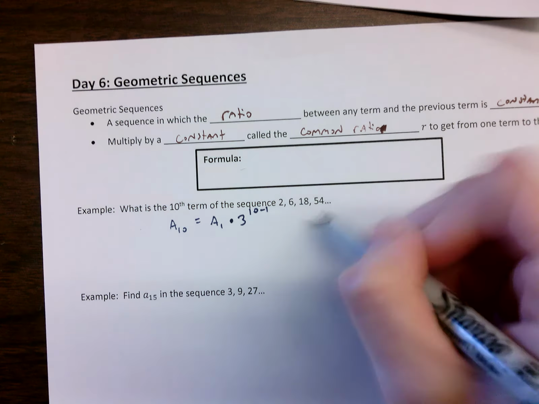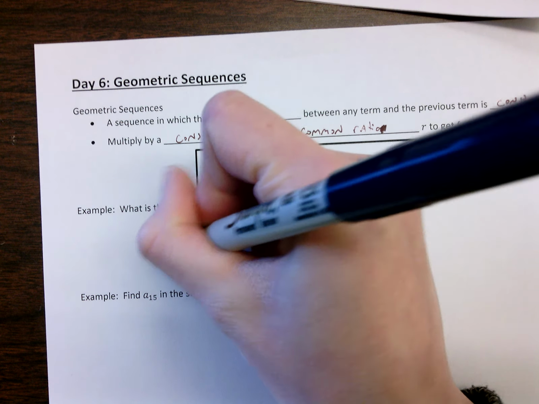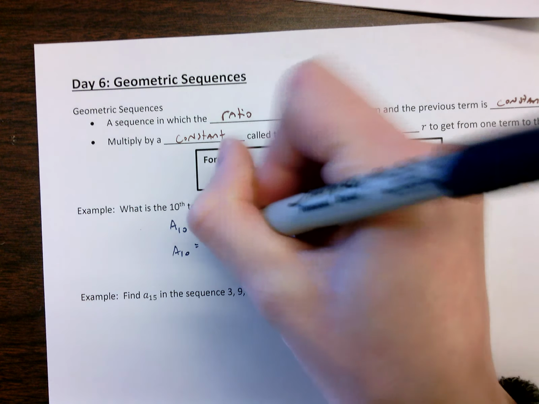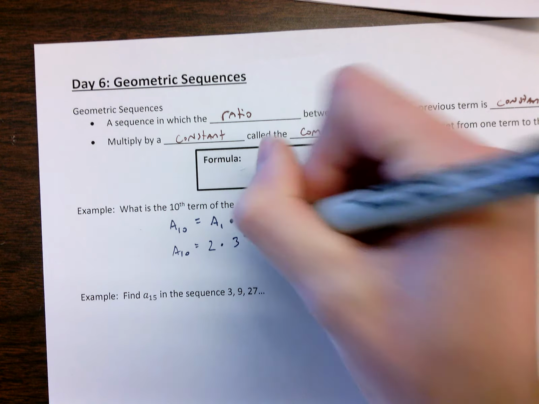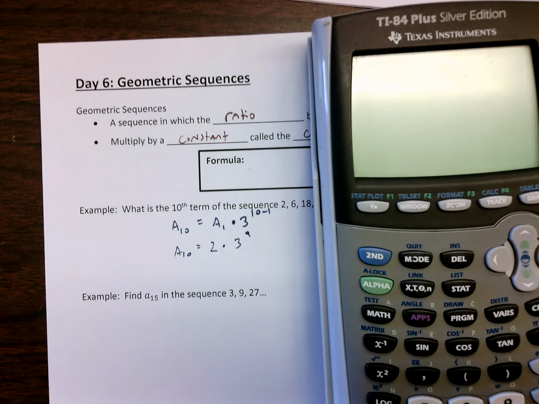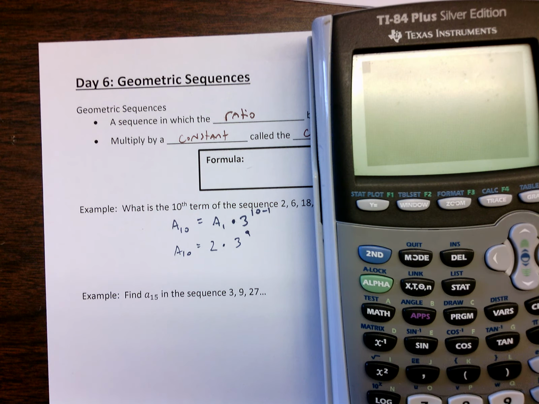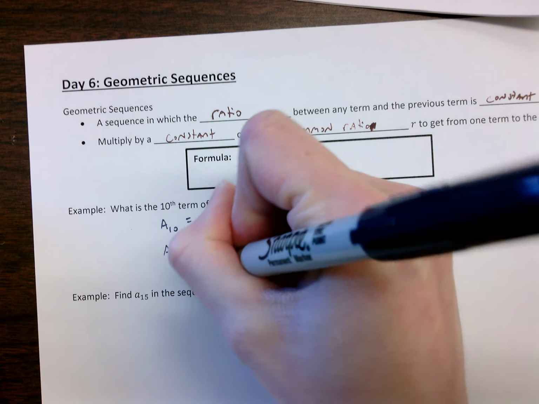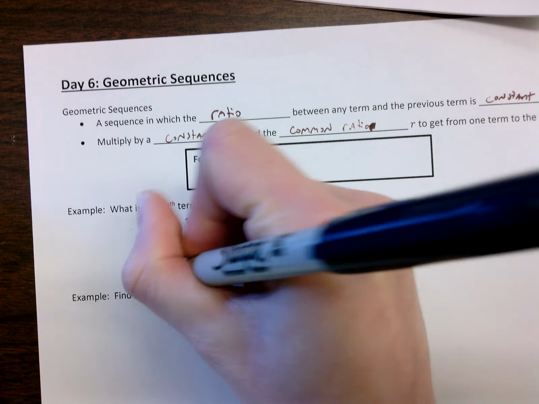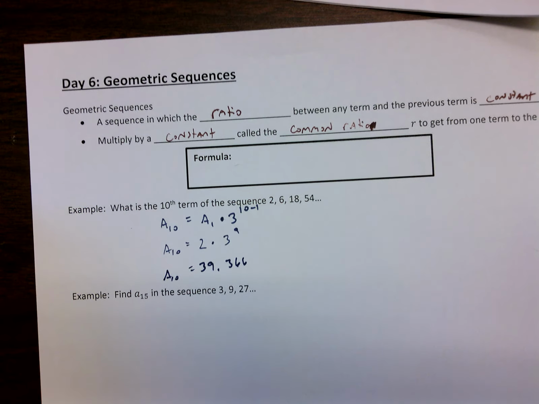And then from this, I can very easily pull out that a sub 1 is 2, so I'm multiplying 2 times 3 to the 9th. I'm going to grab my handy calculator because I definitely can't do that in my head. So 3 to the 9th times 2 is this lovely big number: 39,366 is the 10th term in this sequence.